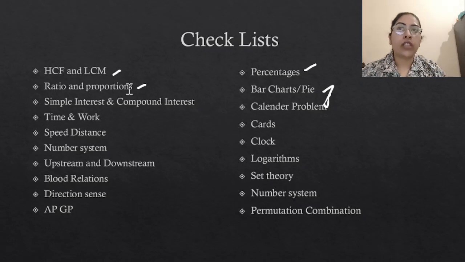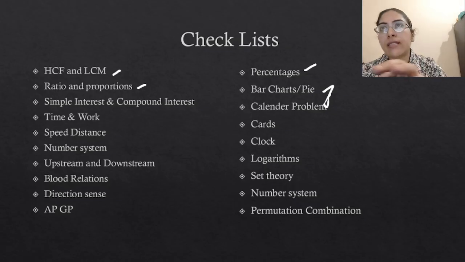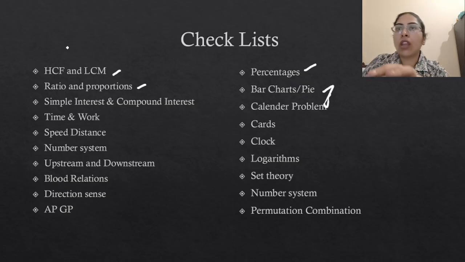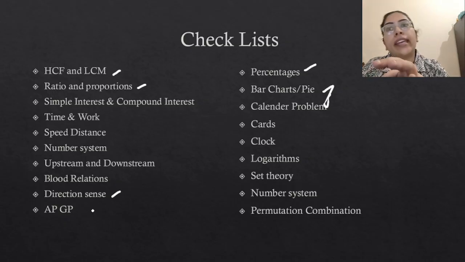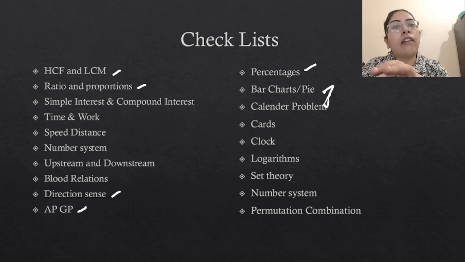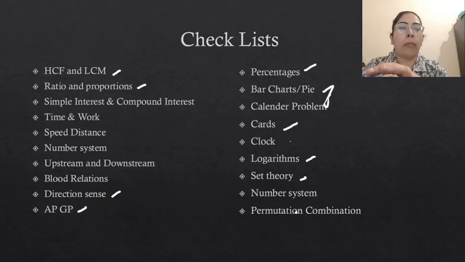Next is time and work, speed, distance, number system, upstream and downstreams, blood relations, direction sense, AP GP, percentages, bar graph, pie charts, calendar problems, cards, clocks, logarithms, set theory, number system, permutation and combination.